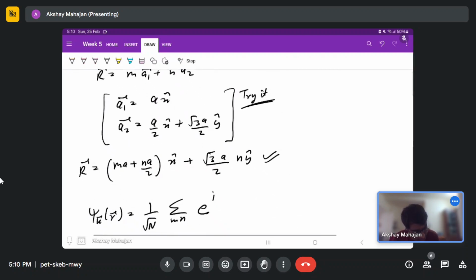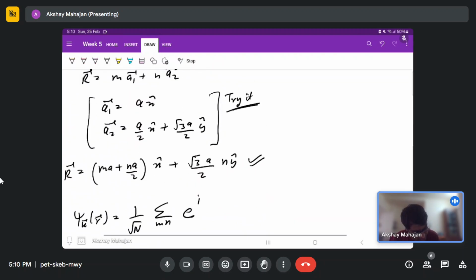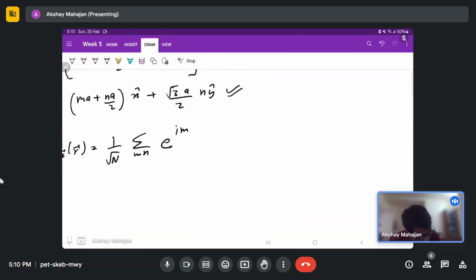Alright, so you can write it like this, or we can also do it like this, which will actually be more useful. k vector dot e1 vector, alright, e to the power iota n k vector dot e2 vector, and then I will have this psi of m comma n of r vector.